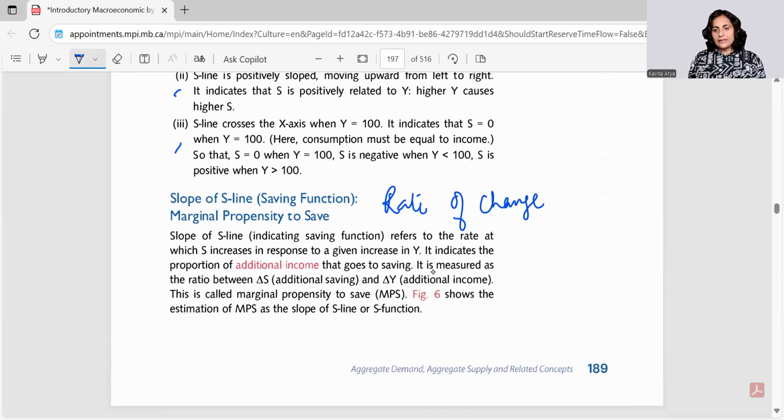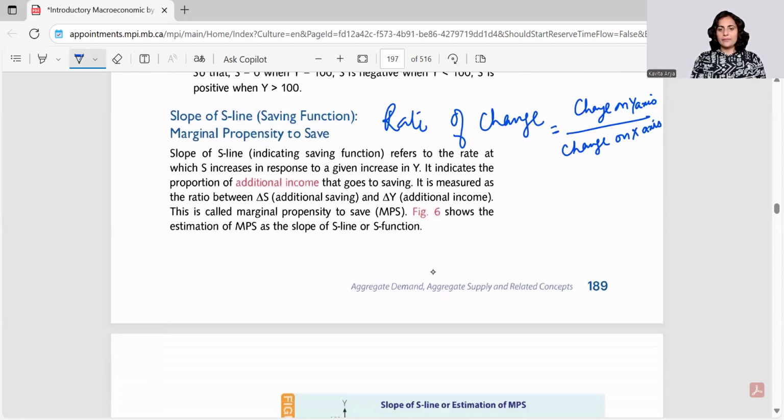Whenever we say the rate of change, the change on the y-axis with respect to the change on the x-axis is the standardized formula. You can use it anywhere, and you have used it in 3-4 chapters in microeconomics as well, when we talked about IC or PPC or the market budget line or whatever.